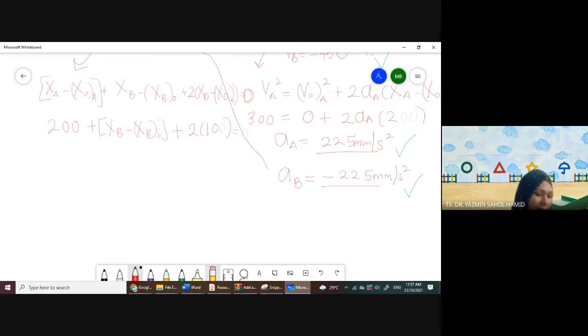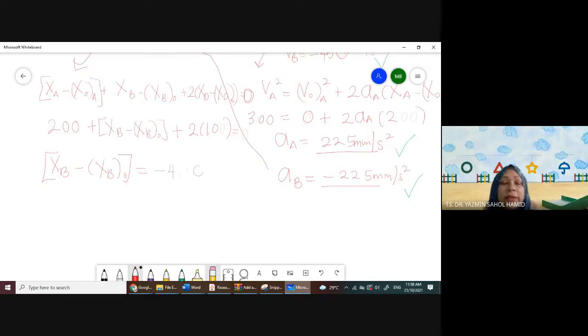So what is the answer for the change in position for block B? What is the answer? Hello, quick, it is easy. Negative 400. Yes, that's correct.